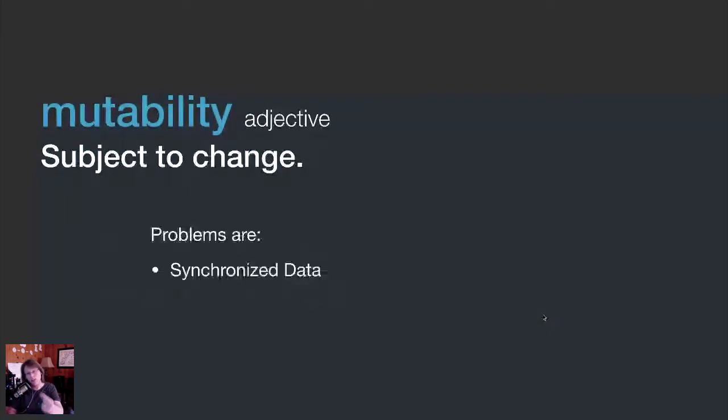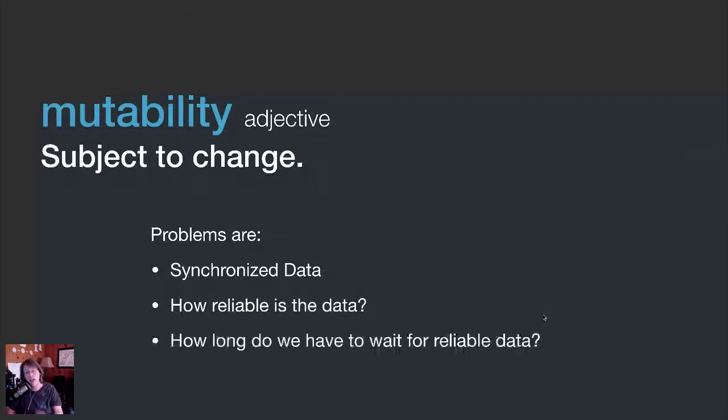Because that synchronizing of data, we have to think about how reliable is our data when it comes time to process it in each piece of our application. How long do we have to wait for reliable data? How long does the user have to wait for reliable data, especially when we're talking about the backend connectivity? What's old, what's new, and so on.